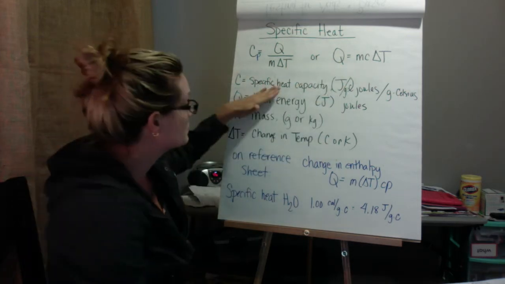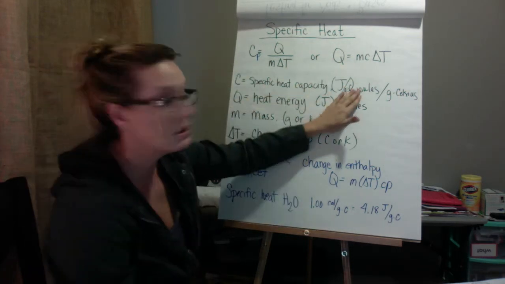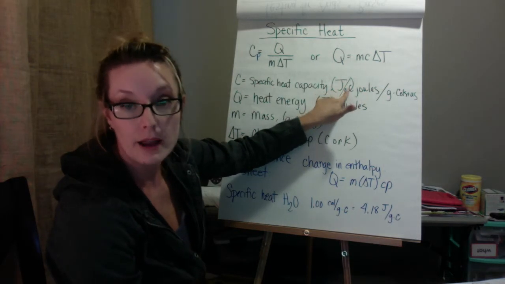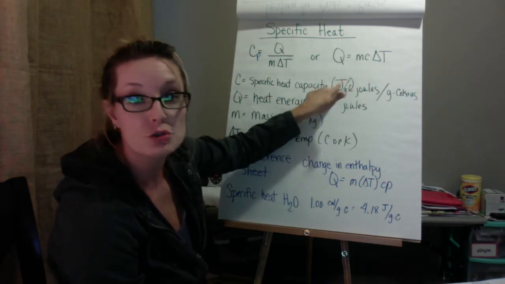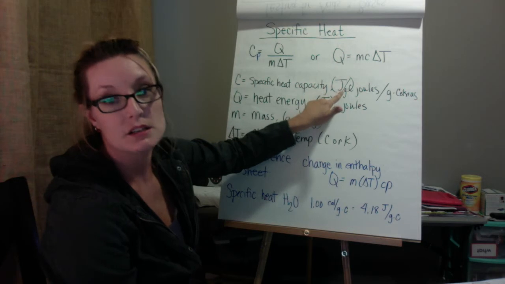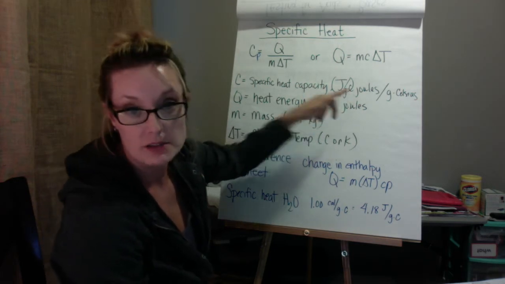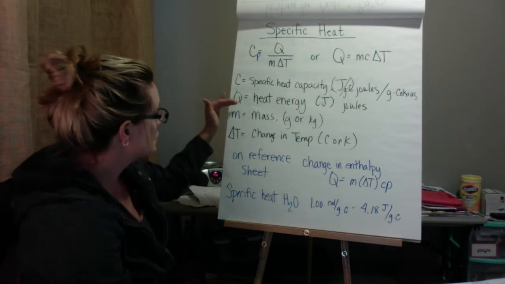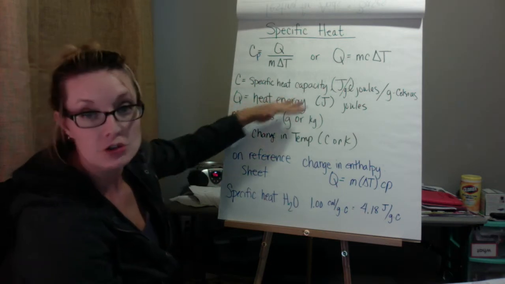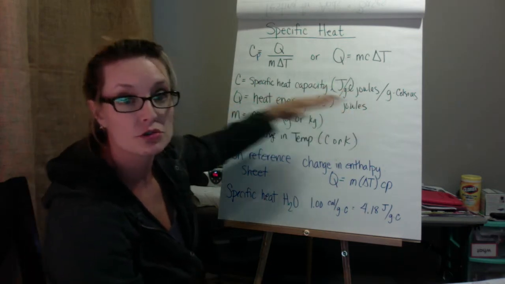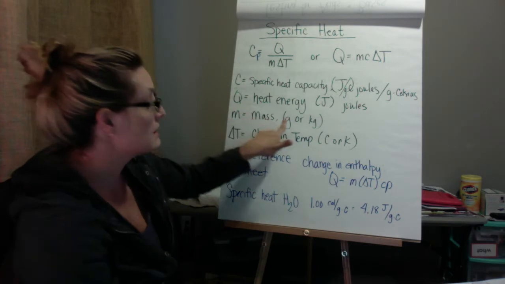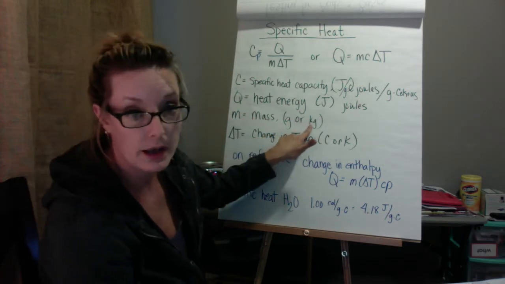C stands for specific heat capacity. The units are joules per gram Celsius. How many joules of heat energy does it take to raise the temperature of 1 gram by 1 degree Celsius? The Q stands for your heat energy, which is measured in joules. M stands for your mass. It can be in grams or kilograms.